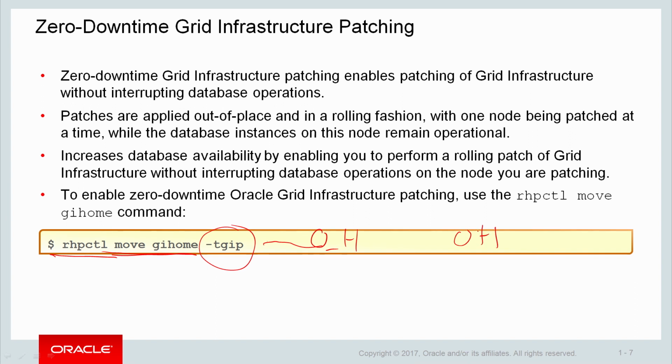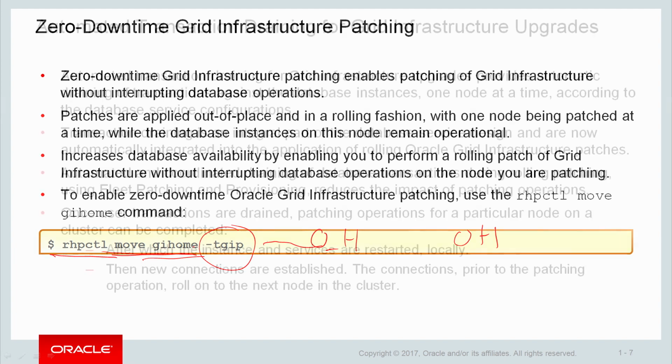Because fleet provisioning and patching works on the idea that you have multiple Oracle homes that you're moving from one to the other. So in the case of patching, you will have created a new Oracle home with the patches there, and you are moving your current software to the new grid infrastructure home. So you have the homes there, the older one and the new one, and you swap everything over to the new one.